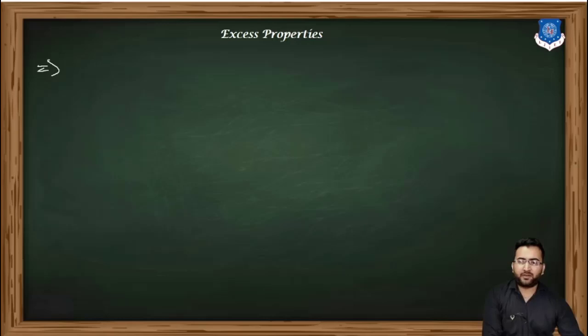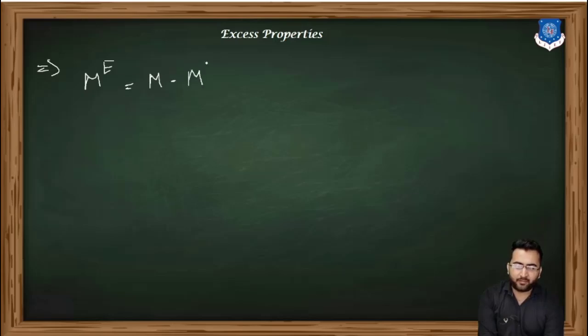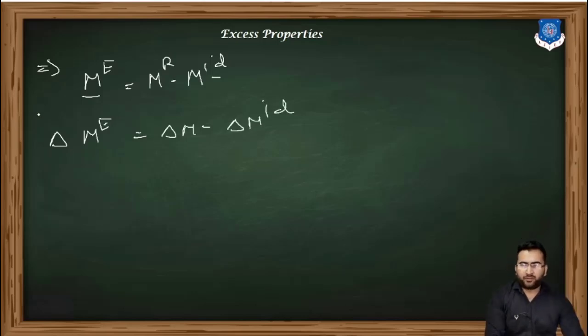The equation for the excess property is ME is equal to M minus M ideal, where ME is the excess property, M is the real property, and M ideal is the ideal property. We can also write it in terms of the change in property: delta M minus delta M of ideal. So this is all about the excess property.